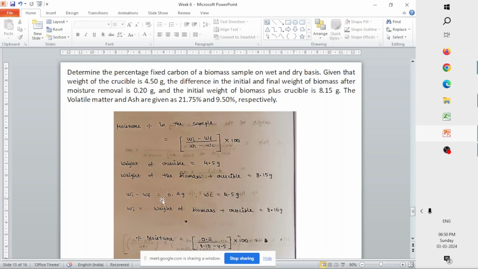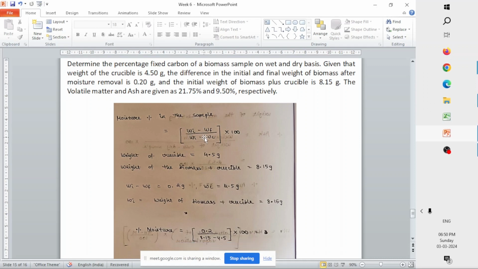So how do you calculate the moisture content present in the sample? The formula is (Wi minus Wf) divided by (Wi minus Wc) into 100. Wi is the initial weight, Wf is the final weight of the biomass, and Wc is the weight of the crucible.